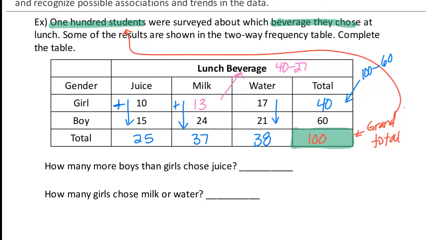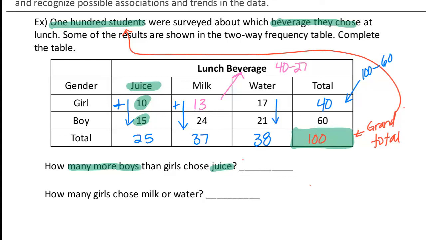My question here is, how many more boys than girls chose juice? Looking at the juice column, if 15 boys liked juice and 10 girls liked juice, how many more boys chose juice? 5.